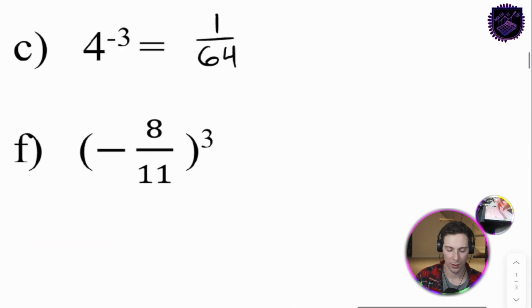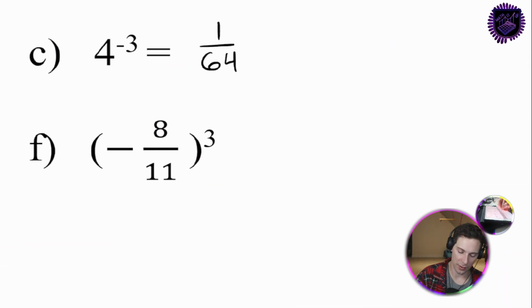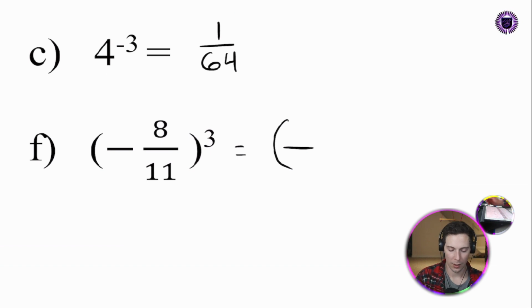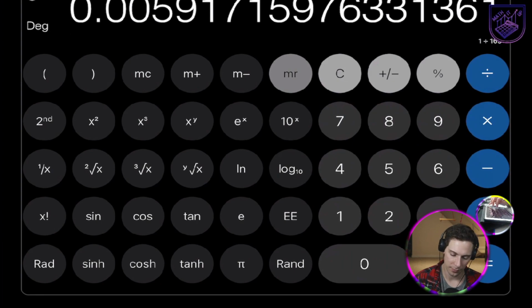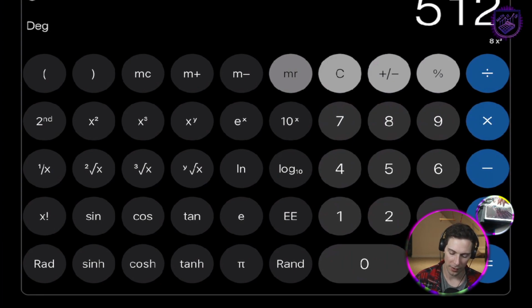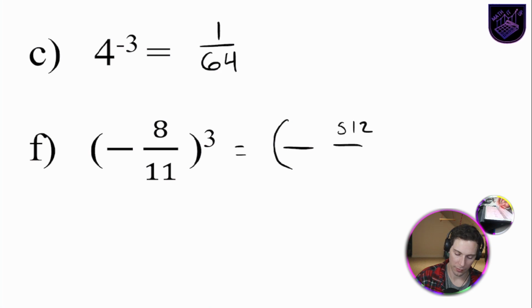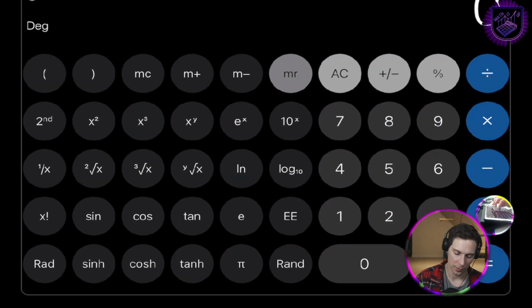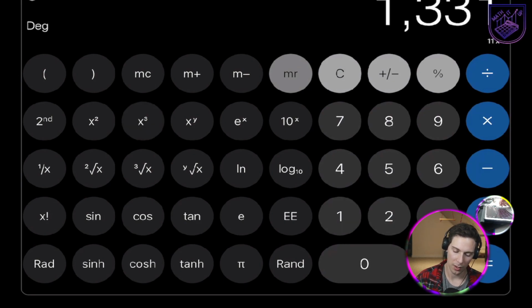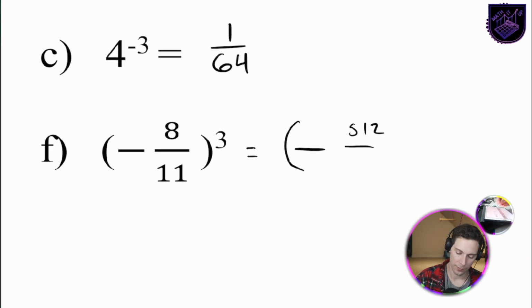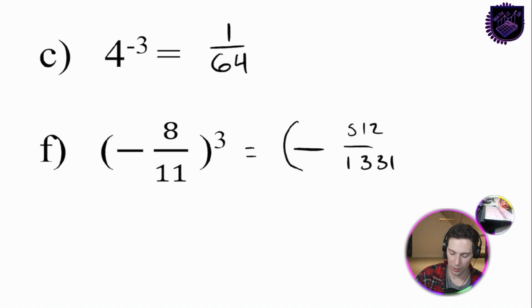And our last question. It's going to be a negative answer, and it's going to be 8 to the power of 3, 64 times 8, 512. 512 over 11 to the power of 3. 11 cubed, 1,331. 1,331.